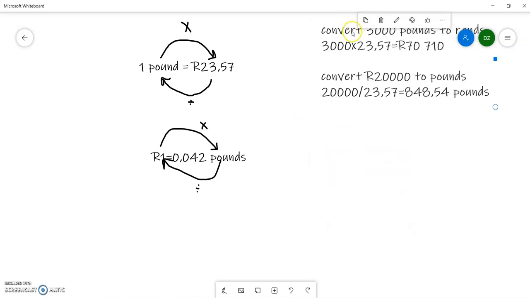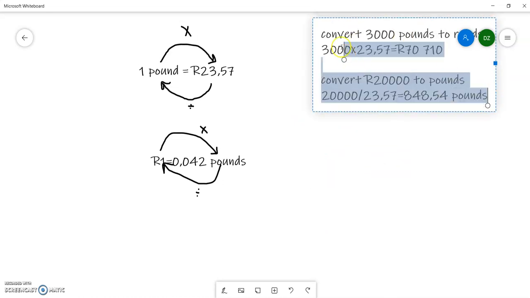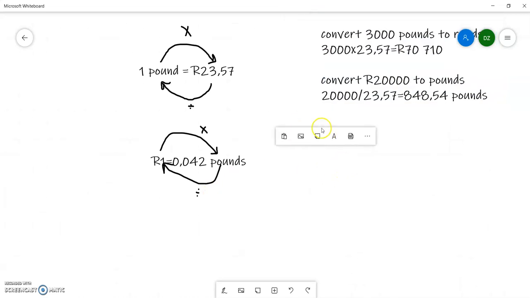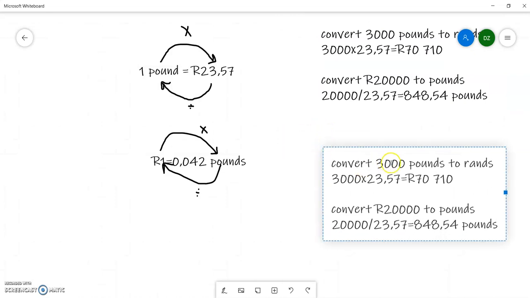So I still want to convert this, so I'm going to copy and paste these things. I still want to convert 3,000 pounds to rands. So now I have pounds, I want rands, so I am now dividing by 0.042. Once again, I'm working from the 1 unit: 1 unit to the other is times, the other to the 1 unit is divide.